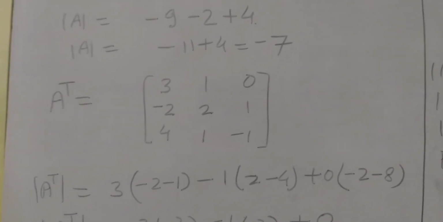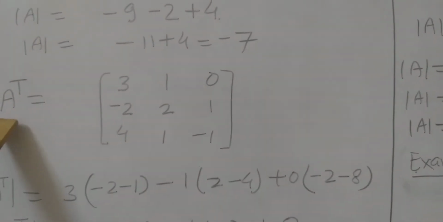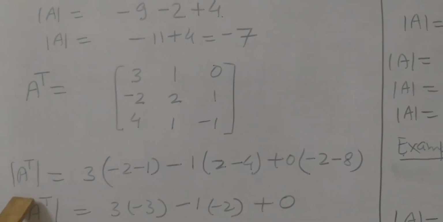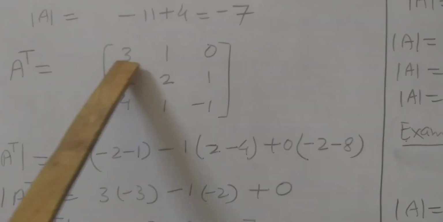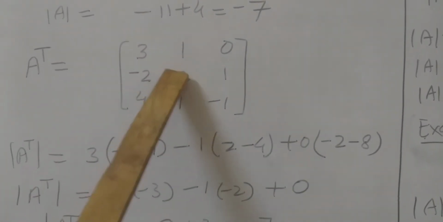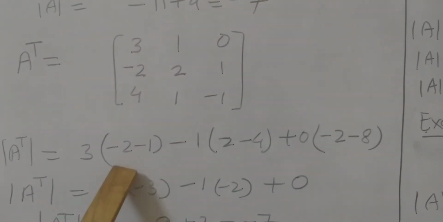Now let us find the determinant of the transpose. So 3, with its column and row deleted, minus 2, minus 1.